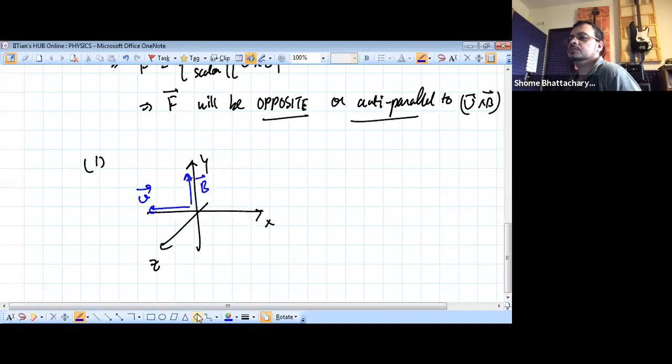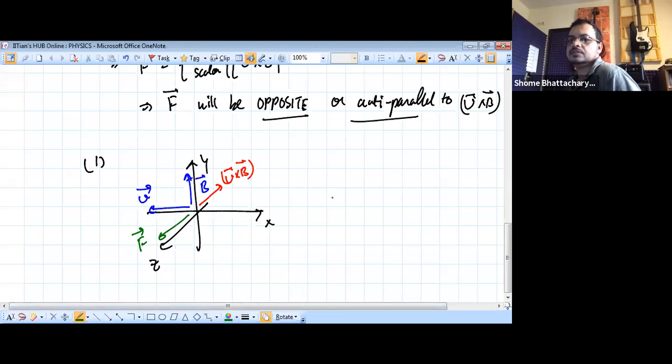So here v cross B will be in which direction? If we use right hand palm rule, v cross B will be in this direction. But here the force will be opposite to that. So the force will come out to be in this direction.